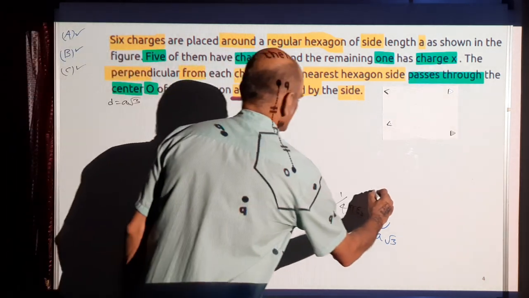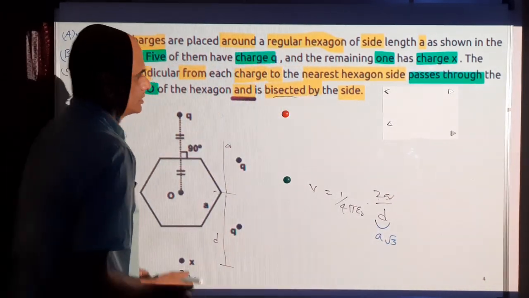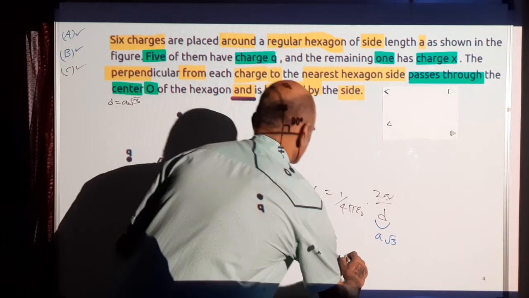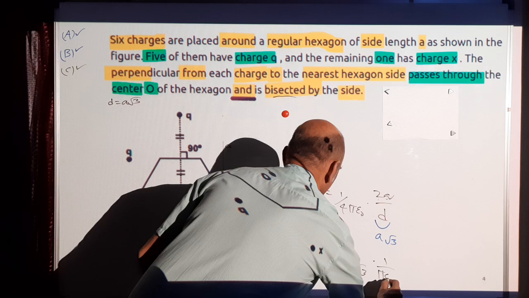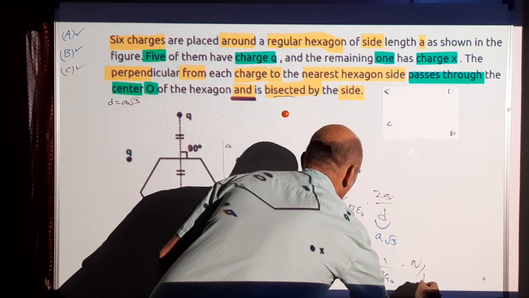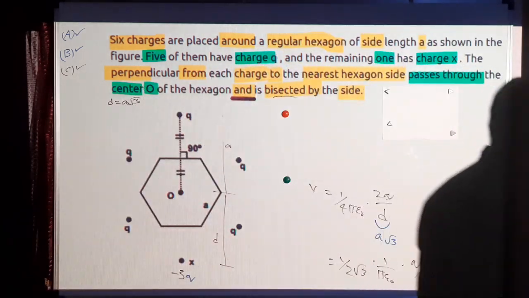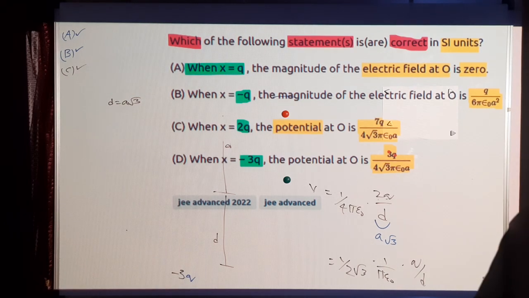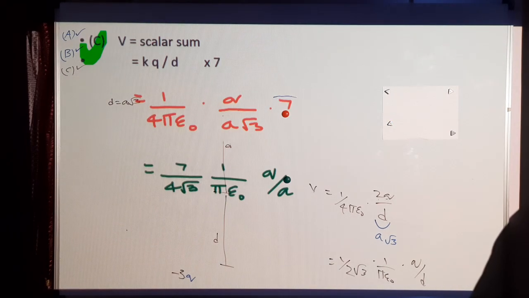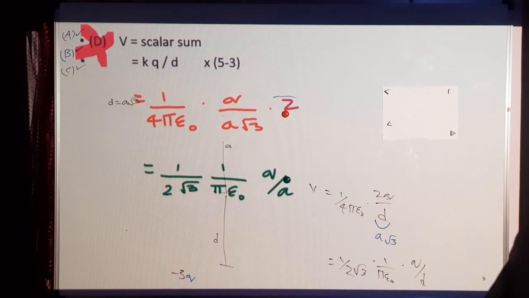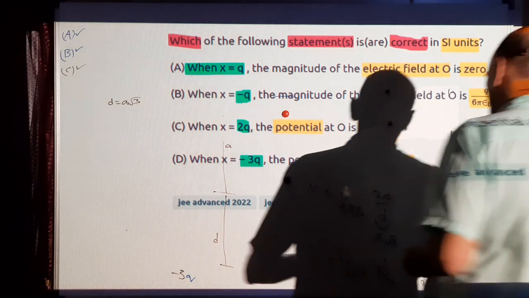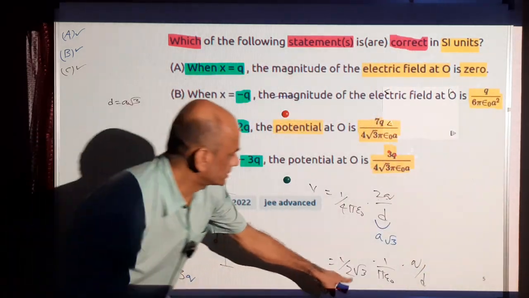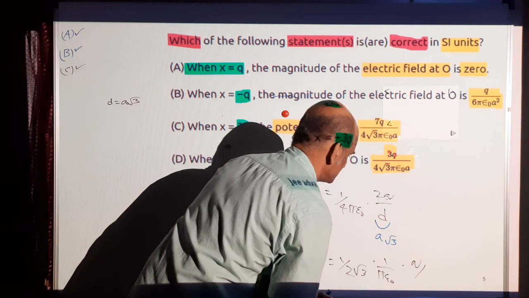Total charge is 5 minus 3, which is 2Q. So the numerical factor will be 1 by 2 root 3 and then pi epsilon naught into Q by D. Option D is 1 by 2 root 3, 1 by pi epsilon naught Q by A. Sorry, it's Q by A. Root 3 has come, so this will be A.